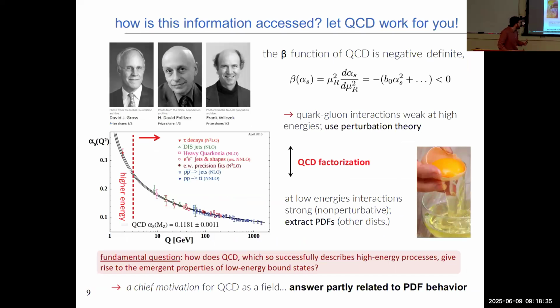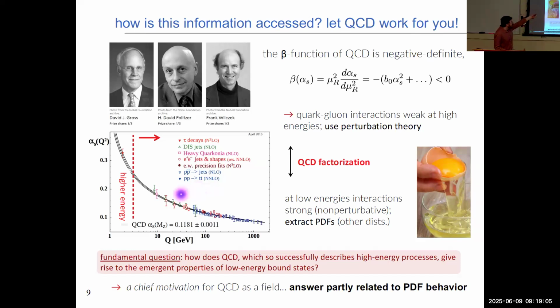How do we actually do this, and how are we able to get at this information? What we do is we let the intriguing properties of QCD do some of the work for us, right? QCD as a non-abelian gauge theory has, in fancy words, a negative beta function, which is just to say that the coupling of QCD, the strong interaction, becomes perturbative at very high energies when you have very large momenta in interaction processes, just the opposite of QED.